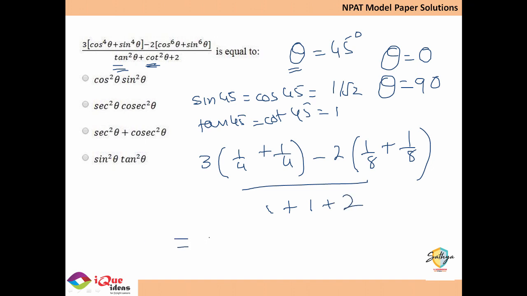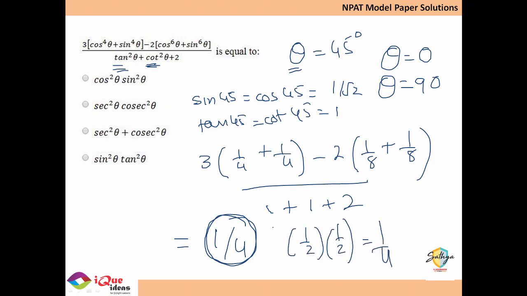And simplification will give you the answer as 1 by 4. Now you need to check which of the options gives you 1 by 4. So cos square theta into sine square theta is 1 upon 2 into 1 upon 2, which is also equal to 1 upon 4. As LHS is equal to right hand side, you will get the answer that the first one is the correct option. You can also put the values in the remaining 3 options and check, they will not match. So if you just assume values correctly, you will see that it's easy to solve this example.